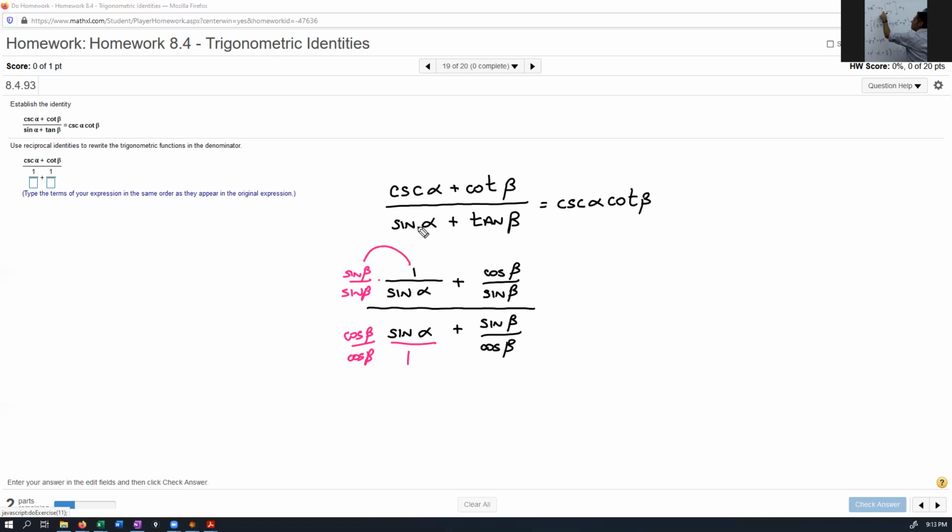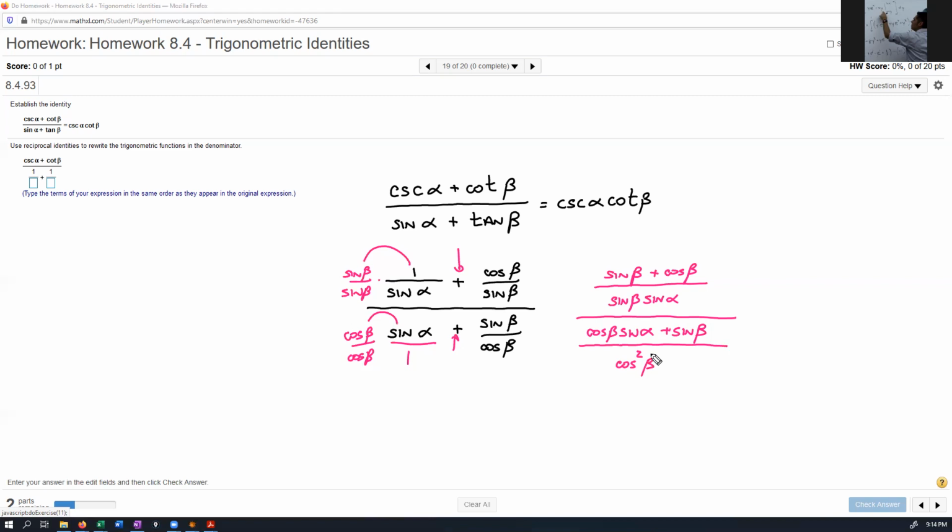So I go here to here, I get sine beta, then the plus, and then cosine beta over the common denominator, which is gonna be sine beta, sine alpha, over, okay, cosine beta times sine alpha, plus sine of beta, then all over the common denominator, which is cosine squared beta.